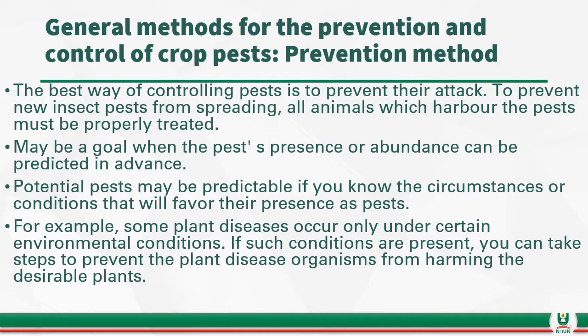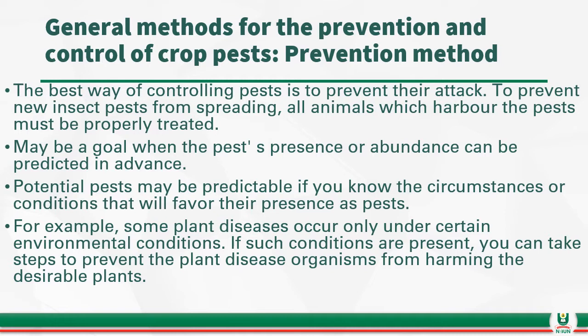It's also important to note that potential pests can be predictable. When you talk of potential pests, we are talking of those pests that are usually very serious, and you can predict them when you know that the conditions that favor their presence are available. Some pests like humid conditions, like the rainy season right now, and down south it is usually an issue because those pests will keep multiplying.